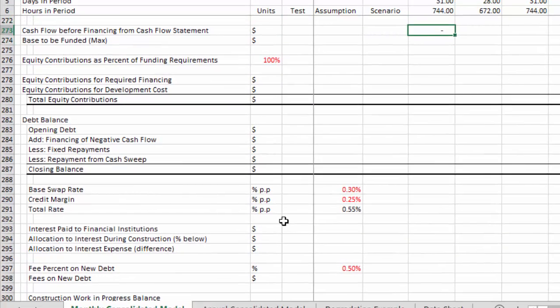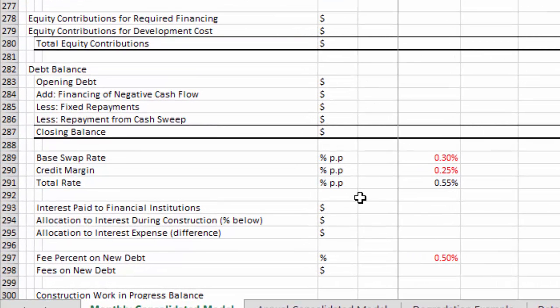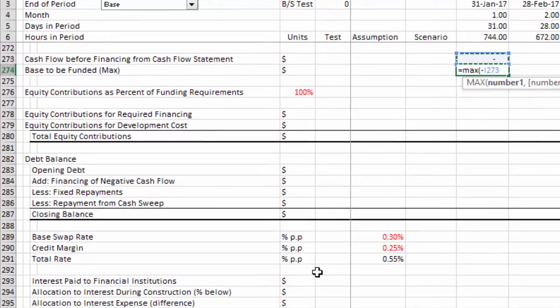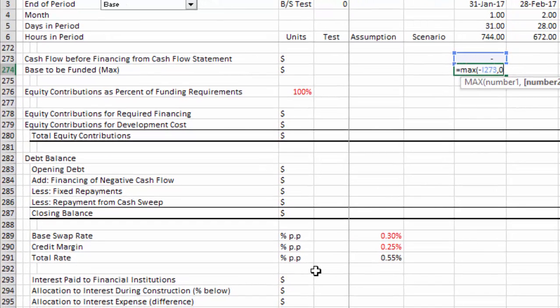Eventually we might have some circular reference with this, frankly, because of the taxes, but we'll work on that later. This was a negative number, so the amount we finance is a positive. If you make a negative of a negative, that's a positive, and you take that positive and compare it to zero, so you only have a positive.